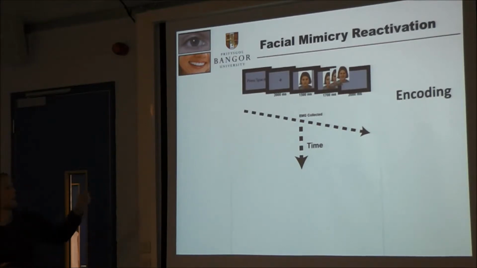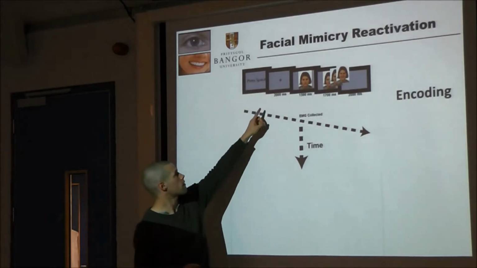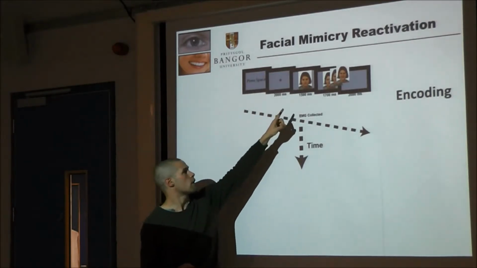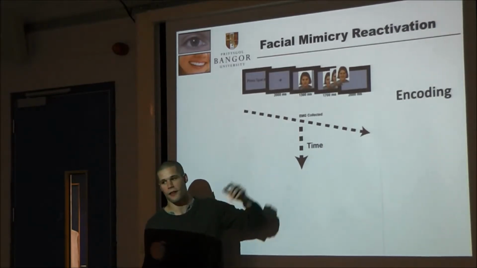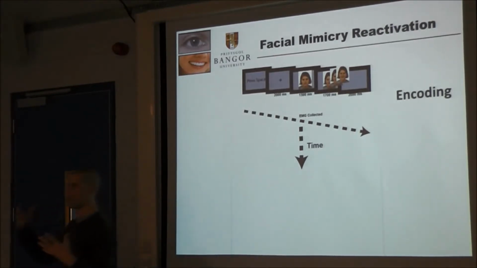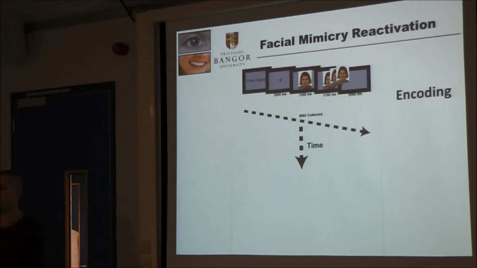Half the participants in the data I'm presenting here have the task of identifying the emotions. They just press, is it a happy face or is it an angry face? Half the participants had a task of identifying oddball trials, where the face actually changed identity partway through becoming expressive. But the important thing is that all the participants see, after a fixation period, a 1500 millisecond presentation of a neutral face, followed by a rapid morphing of that face, a kind of video that looks like a naturalistic expression, into either the smile or the frown, and then the face remains on screen in its emotional state again for about a second and a half.